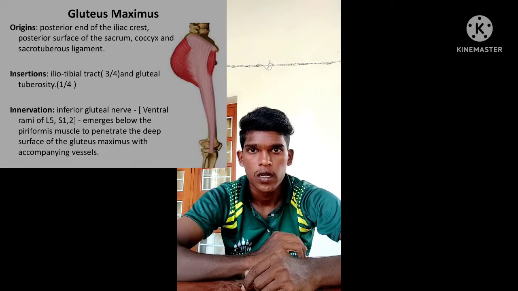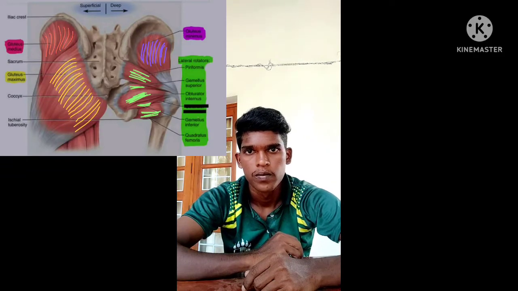The insertion is the iliotibial tract, that is three-fourths, and the gluteal tuberosity, that is one-fourth. The innervation is the inferior gluteal nerve, that is ventral rami of L5, S1, S2. It emerges below the piriformis muscle to penetrate the deep surface of the gluteus maximus with accompanying vessels.